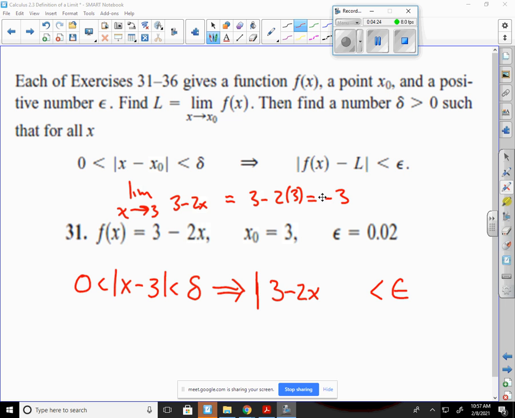So my limit is negative 3. It's f of x minus the limit, so it's f of x minus negative 3. Put your absolute value sign. My epsilon, you already told me, is 0.02.